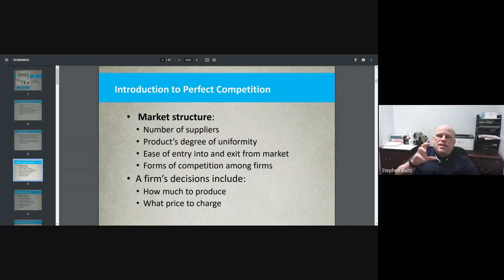So for the product's degree of uniformity, in a perfect competition market structure, you learned in Chapter 8 that you're basically selling a commodity product like wheat or corn. Those are products that can't easily be differentiated. Every supplier is basically selling the same commodity product in the market. But in other market structures like monopoly, monopolistic competition, or oligopoly, you are normally selling a product that can be differentiated.